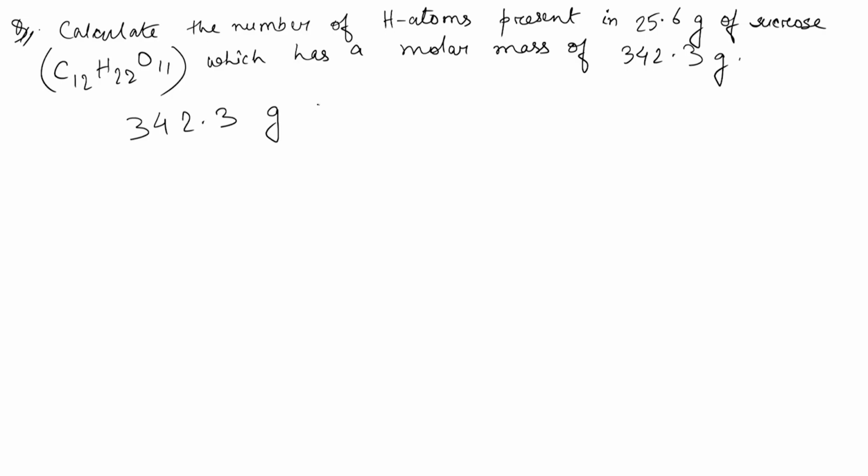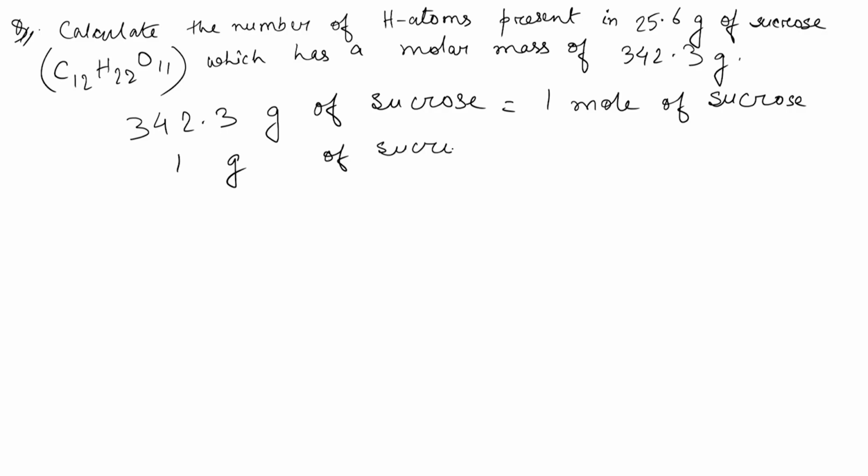342.3 grams of sucrose is equal to 1 mole of sucrose, right? So, 1 gram of sucrose is equal to 1 by 342.3 moles.